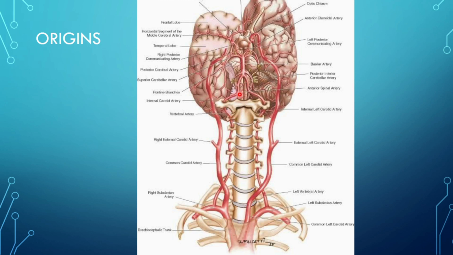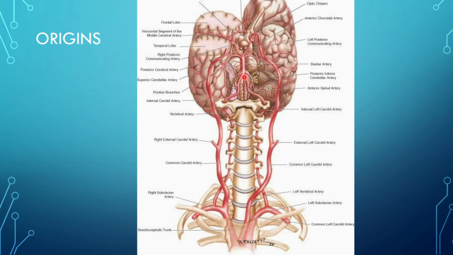the two systems, the internal carotid system and the vertebral system, are both going to unite, and they form this little circuit on the base of the brain called the circle of Willis. So when the vertebral arteries enter the cranial cavity, they converge on each other and they form one artery, that's the basilar artery.